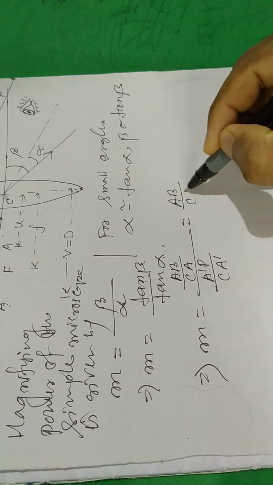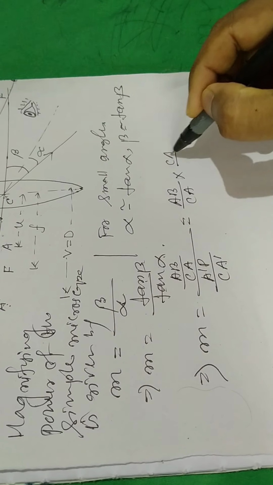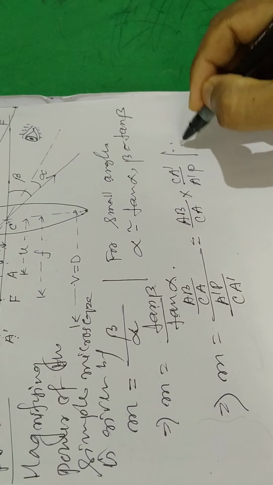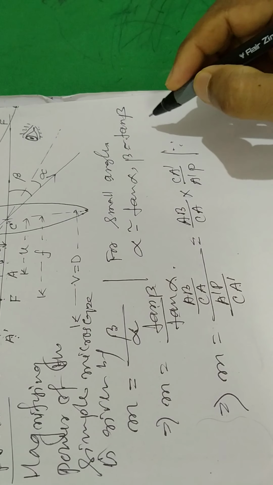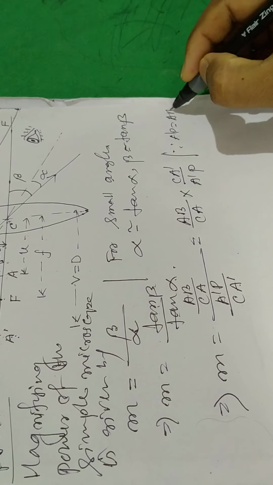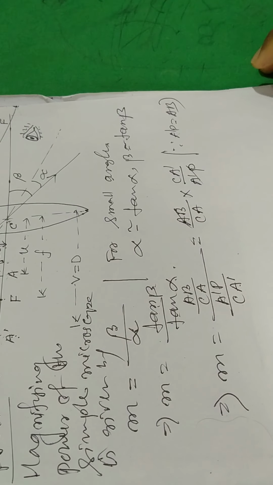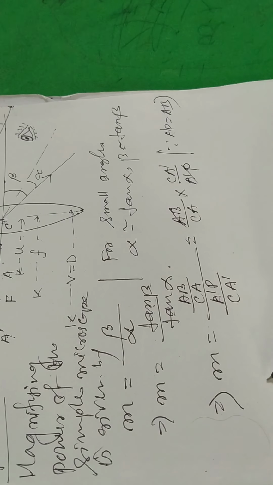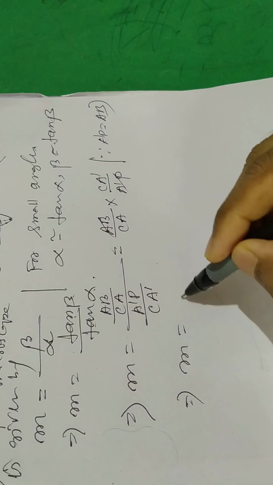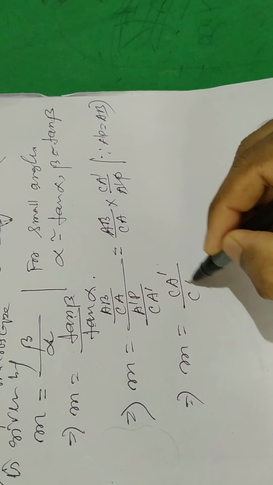So AB by CA, then C A dash will go upside, C A dash by A dash P. Since A dash P equal to AB, AB and A dash P cancel. Therefore M equal to C A dash by CA.